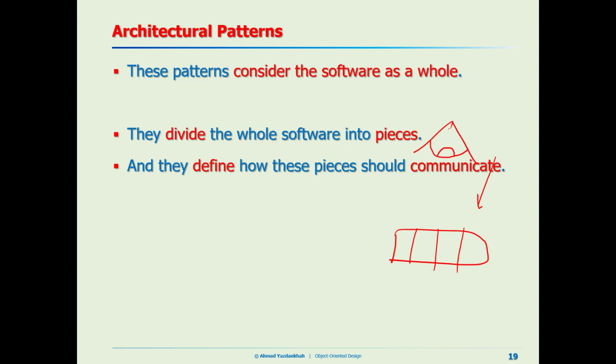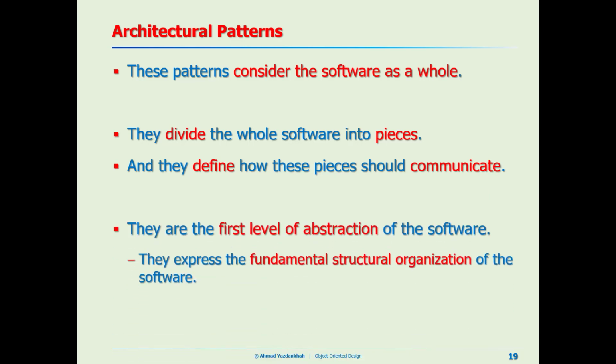And not only do we divide this into some pieces, but we also need to be able to define how these pieces communicate with each other. All right. So based on this explanation, we can call the architectural pattern the first level of abstraction of the software.